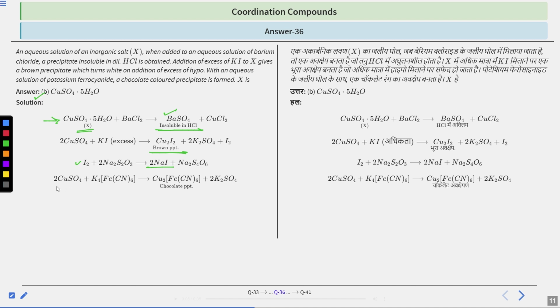And when X, that is 2CuSO4, is reacted with potassium ferrocyanide, that is K4Fe(CN)6, it is giving us chocolate colored precipitate, which is Cu2Fe(CN)6 plus 2K2SO4. Right? So all the reactions are correct. And after looking at all these reactions, you can say that X is nothing but this compound present in option B, CuSO4.5H2O, and thus B option is the correct answer.